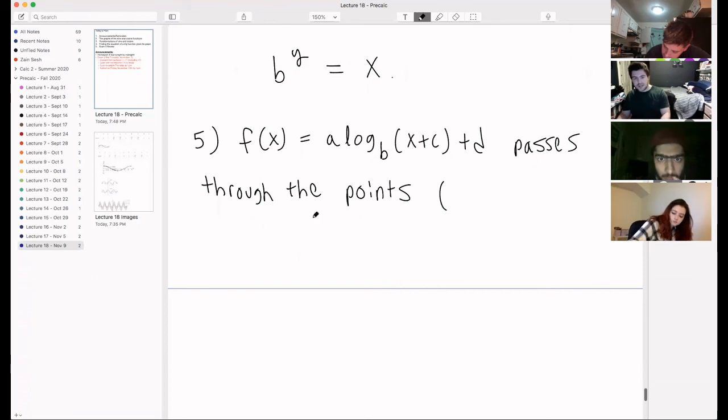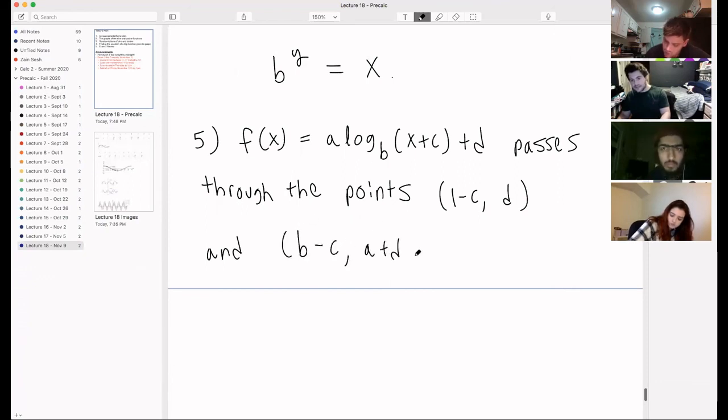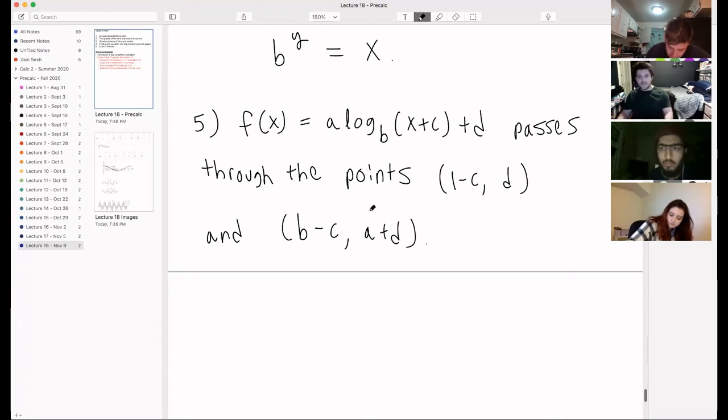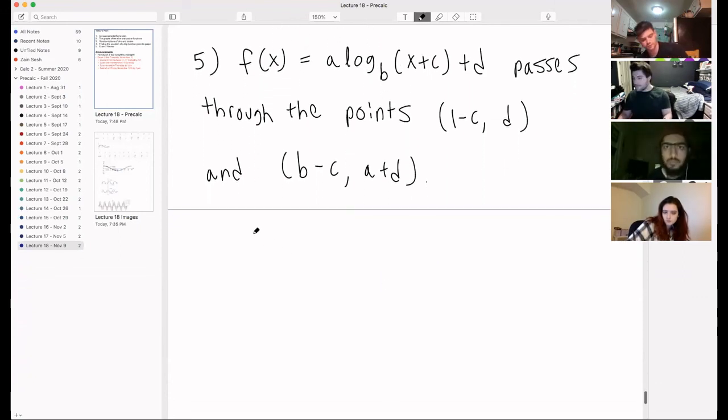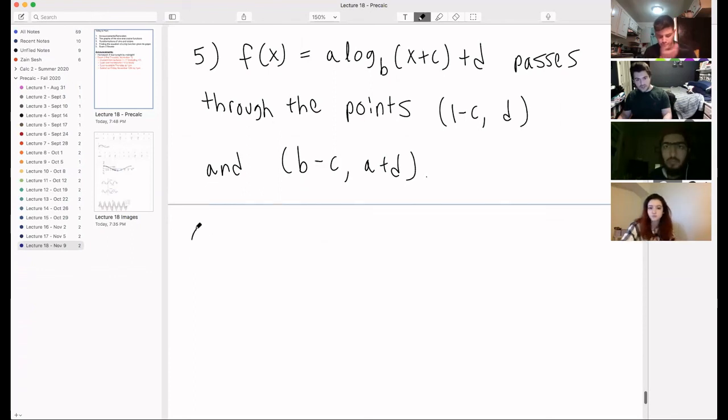So this is kind of nice. The a, c, and d values are our transformations, and b is the base of the logarithm. All right, so that's nice and easy.